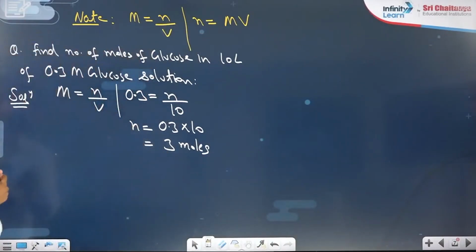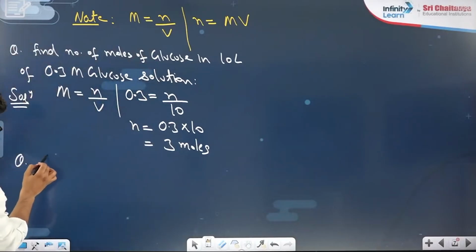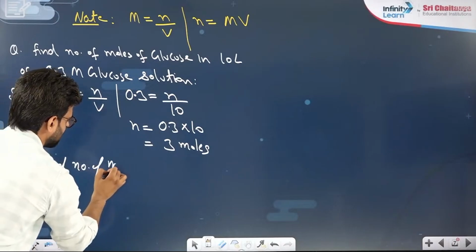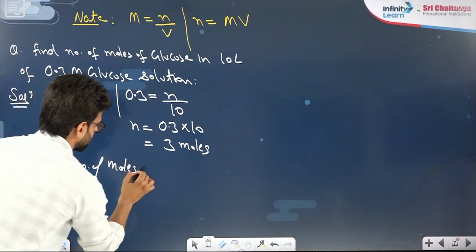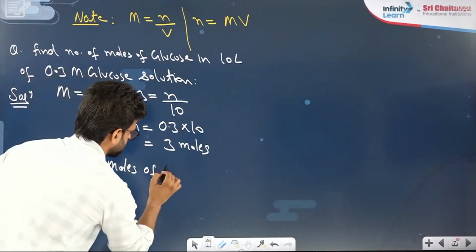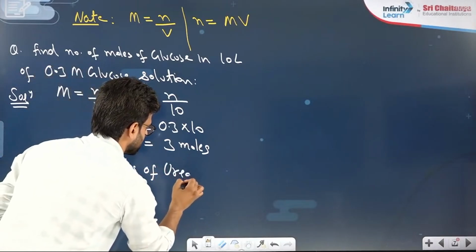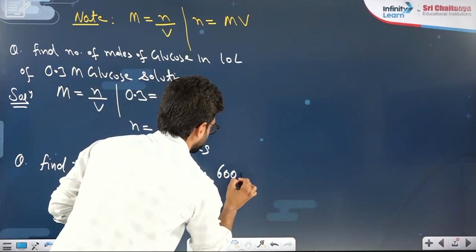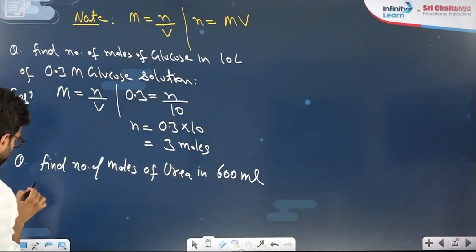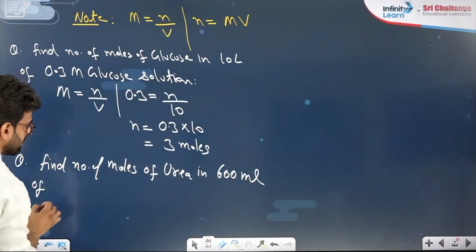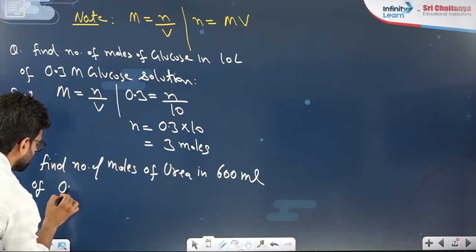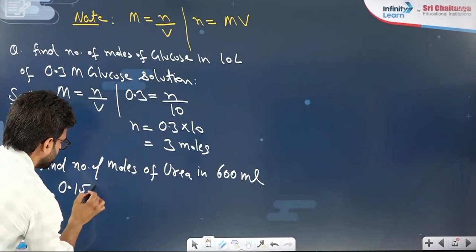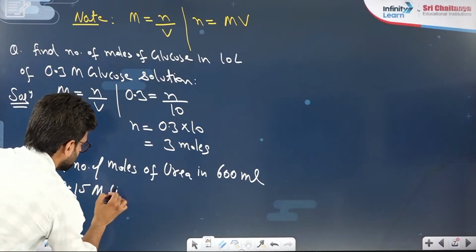Okay. Now, one more question. Find the number of moles of urea in 600 ml of 0.15 molar urea solution.